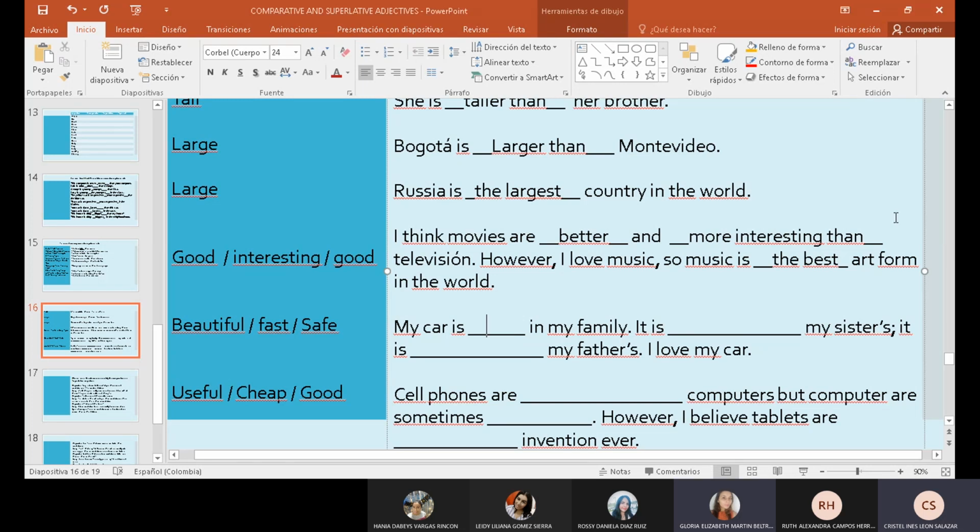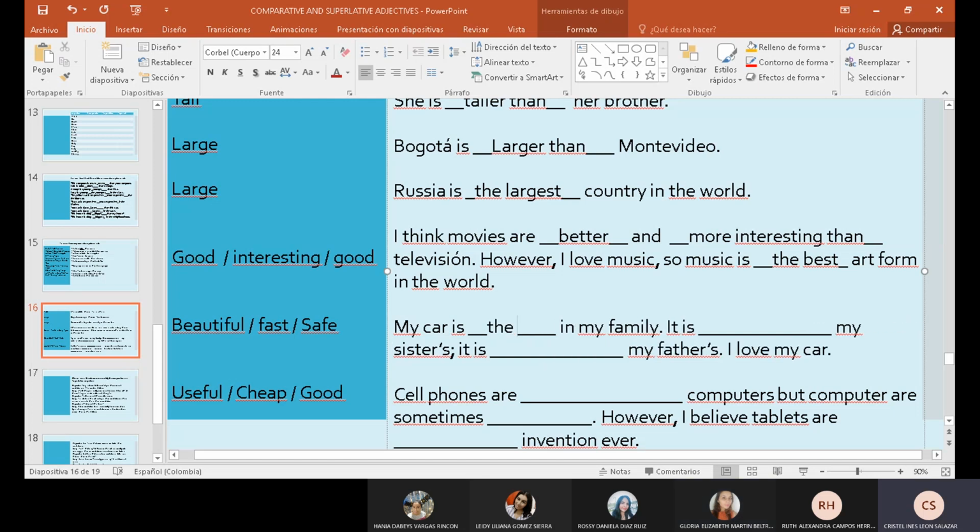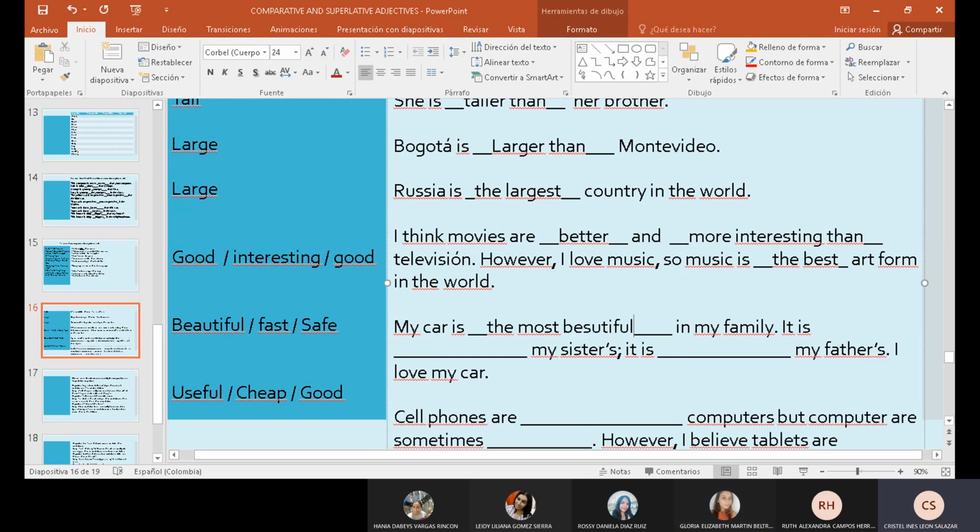My car is more beautiful. No, the most beautiful in my family. Don't forget the article the most beautiful. Mi carro es el más hermoso en mi familia.